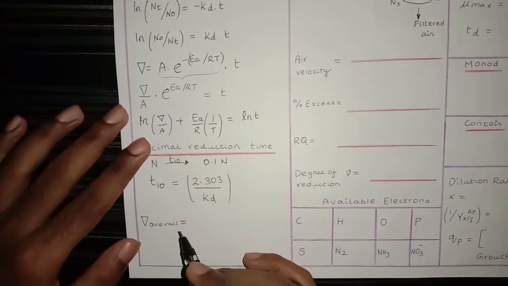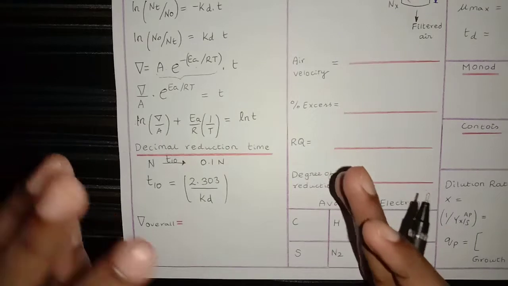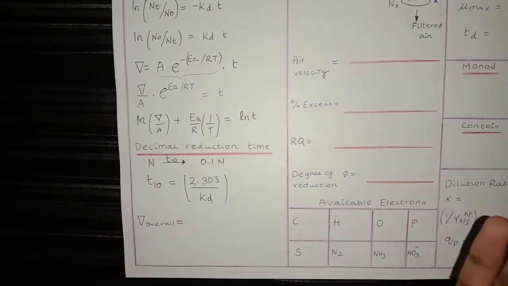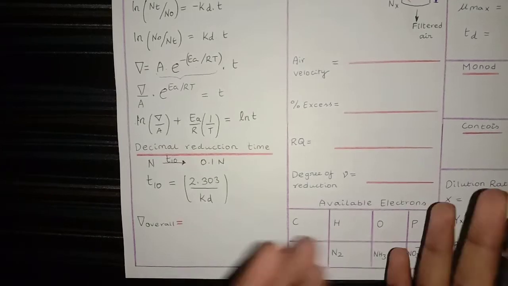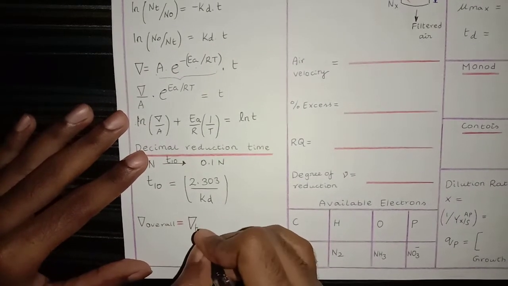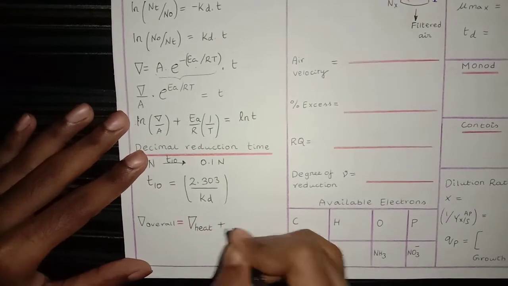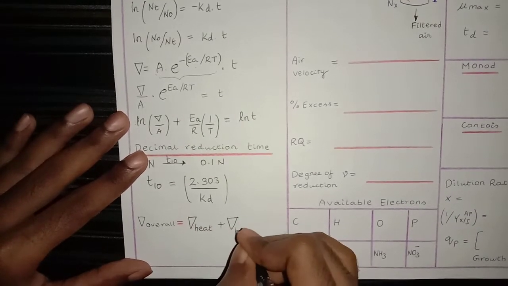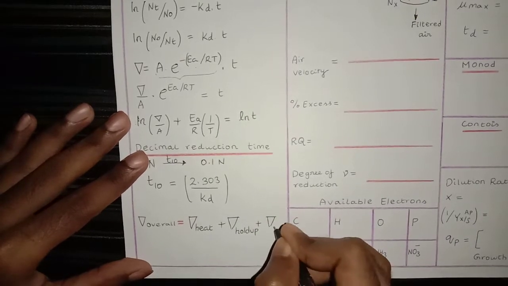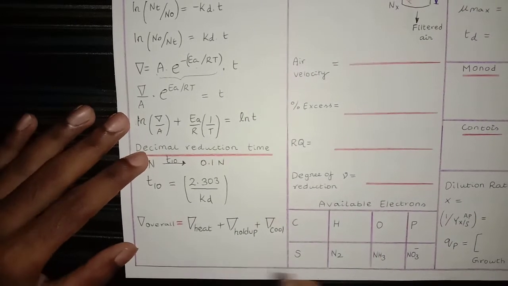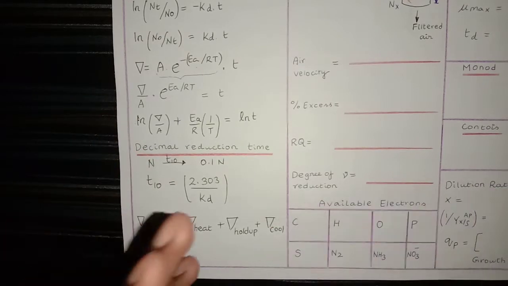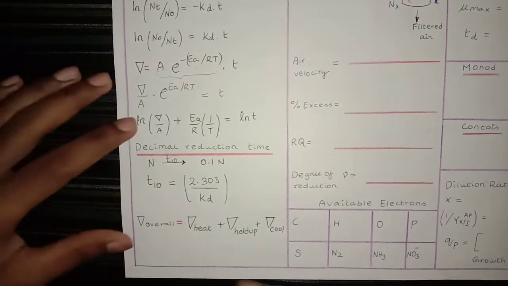So delta overall. Sterilization follows three stages: first we need to heat the medium, next we hold it, and then we cool. Therefore the overall delta is given by delta heating plus delta hold up plus delta cooling. Delta heat and delta cool are obtained by plotting the values and summating them.